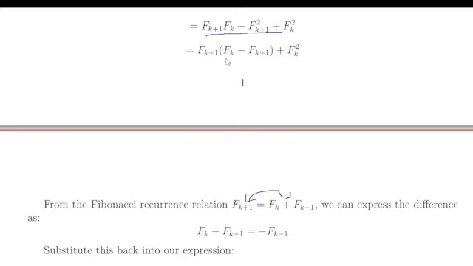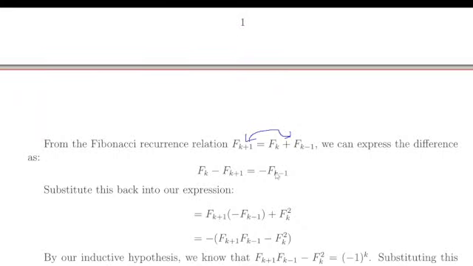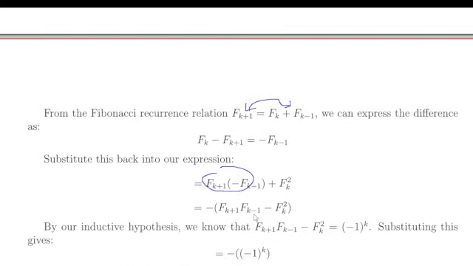So that's going to go in the parentheses here. So we have f sub k plus 1 times negative f sub k minus 1 plus f sub k squared. Distributing the negative, you just multiply these two. And then factoring out the negative, we have negative quantity f sub k plus 1 times f sub k minus 1 minus f sub k squared.